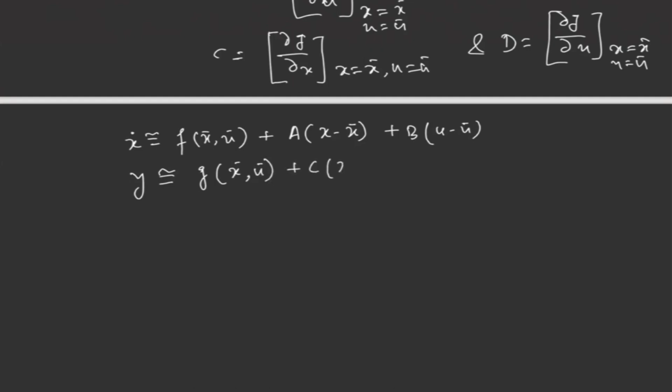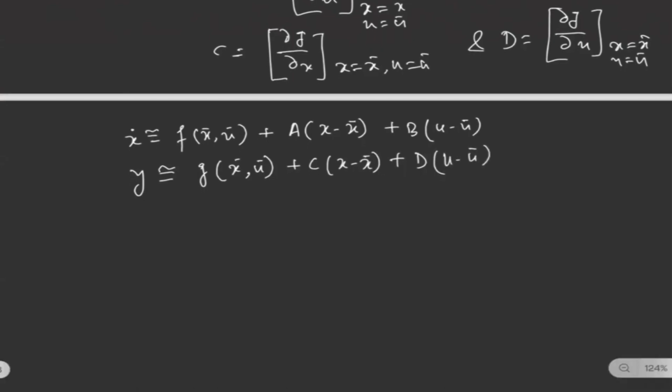If you look at the series, this is what we'll get: A times x minus x bar plus B times u minus u bar. And similarly, for the output equation, we can write z of x bar, u bar plus C times x minus x bar plus D times u minus u bar. This is what we are getting from the Taylor series expansion.